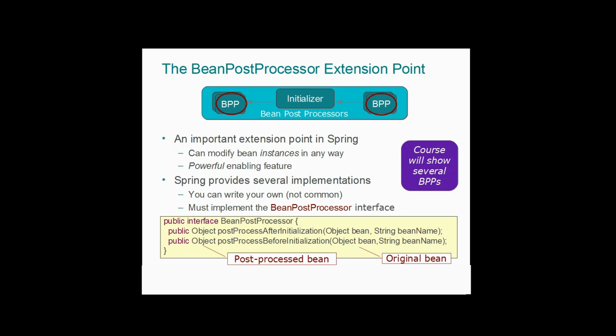Okay. So we have seen the use case for the initializer, because this is where I wanted my initialization method to be called. Now, the use case for the Bean post processor: before initialization, let's say I have done the constructor dependency injection and setter dependency injection.